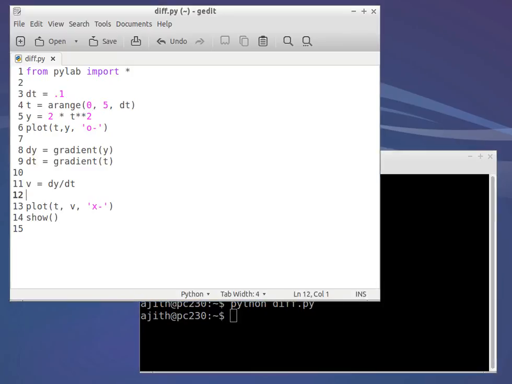So v, and again we have to take the gradient of v, right? That is a is equal to, let's just say dv is equal to gradient of v.